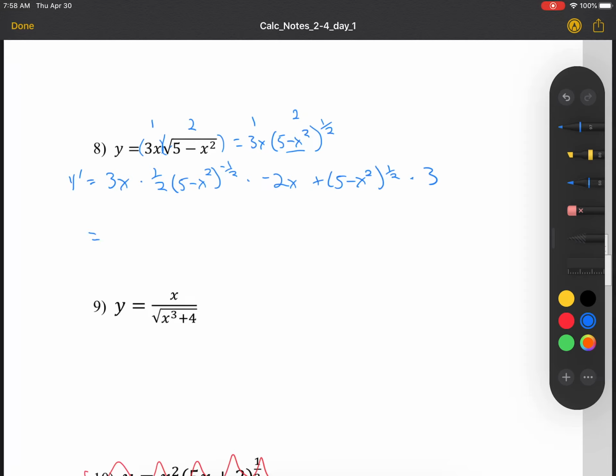We simplify a little bit, combine some terms, and we get negative 3x squared over 5 minus x squared to the 1/2, plus 3 times 5 minus x squared to the 1/2 over 1.